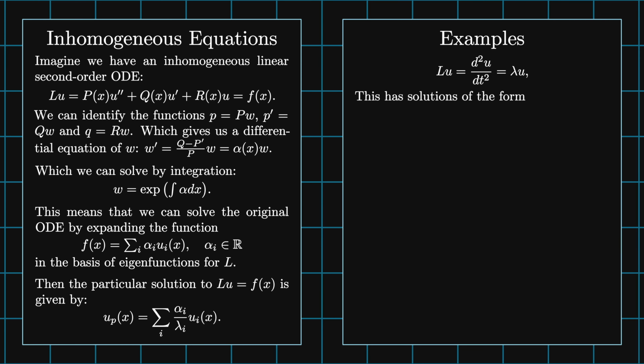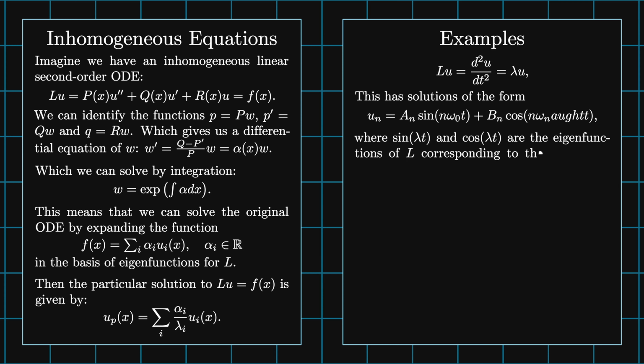This has solutions of the form u_n of t equals a_n sine n omega naught t plus b_n cosine n omega naught t, where sine lambda t and cosine lambda t are the eigenfunctions of L corresponding to the eigenvalue lambda equals n omega naught.